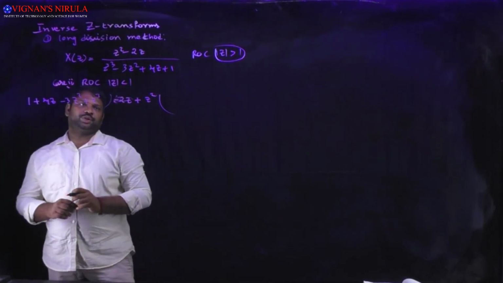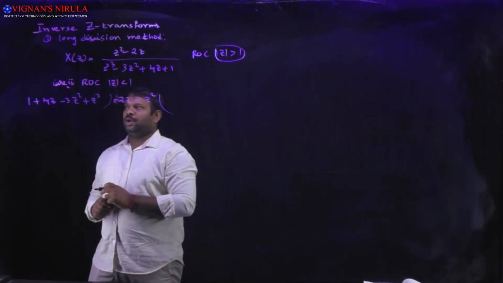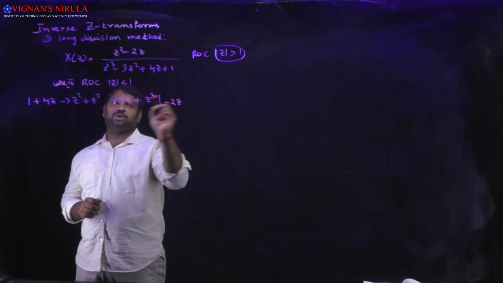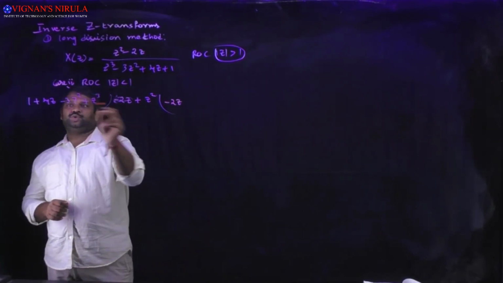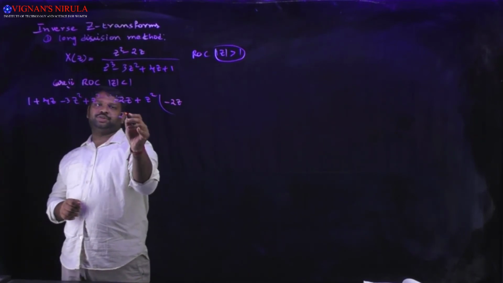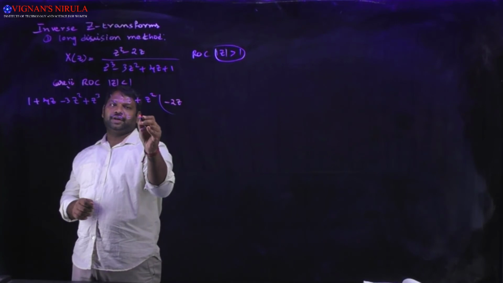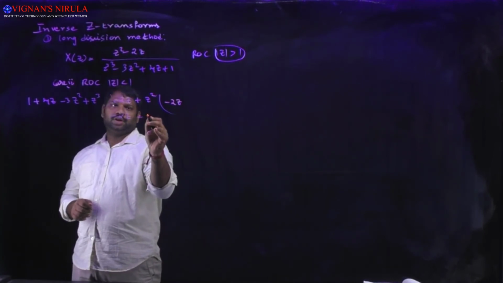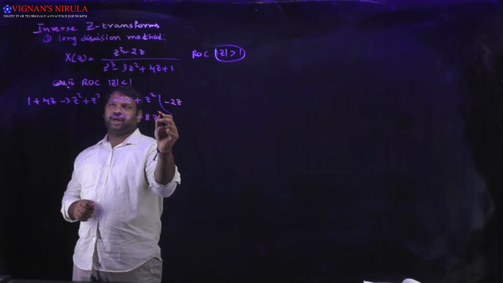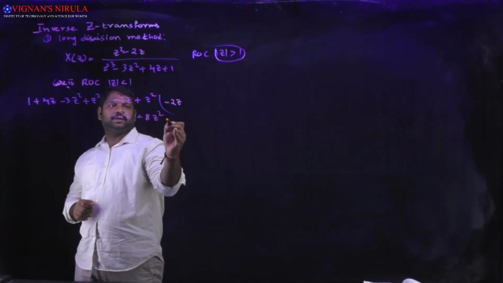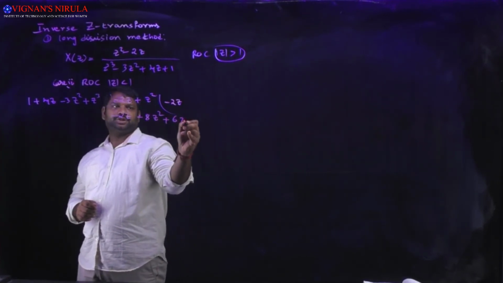Now first we need to cancel this minus 2z. It will be multiplied with 1 here, that's minus 2z as a coefficient. Minus 2z into 1 will be minus 2z. Next minus 2z into 4z, it is minus 8z square. Next minus 2 into minus 3, it is plus 6z cube.